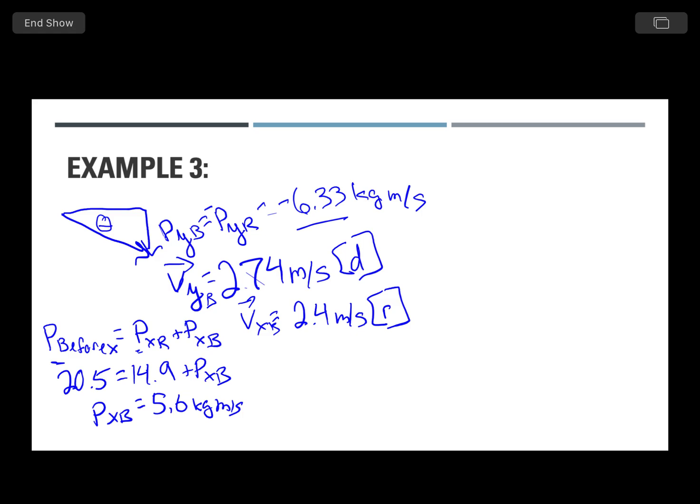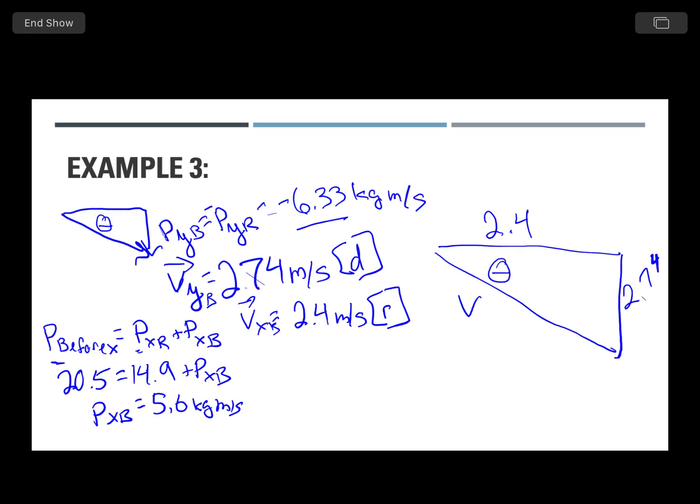Okay, so if I go back to my diagram here, I'm going to make it a little bigger, just because I can. I'm trying to find this V right here with this direction. However, I know that I've got 2.4 this way and 2.74 this way.